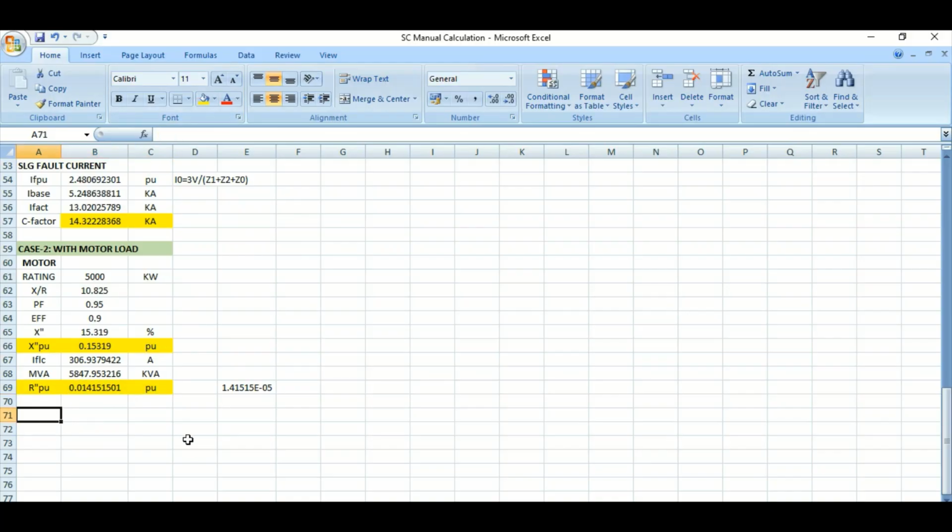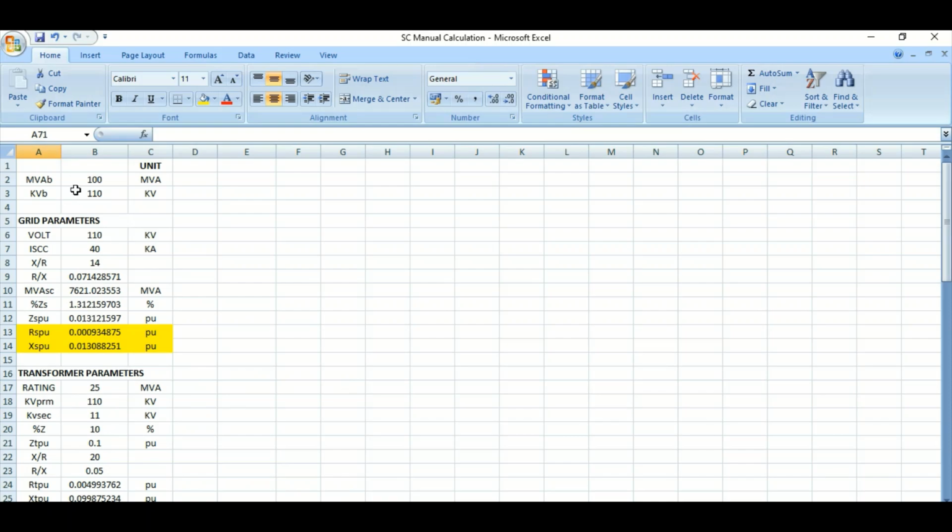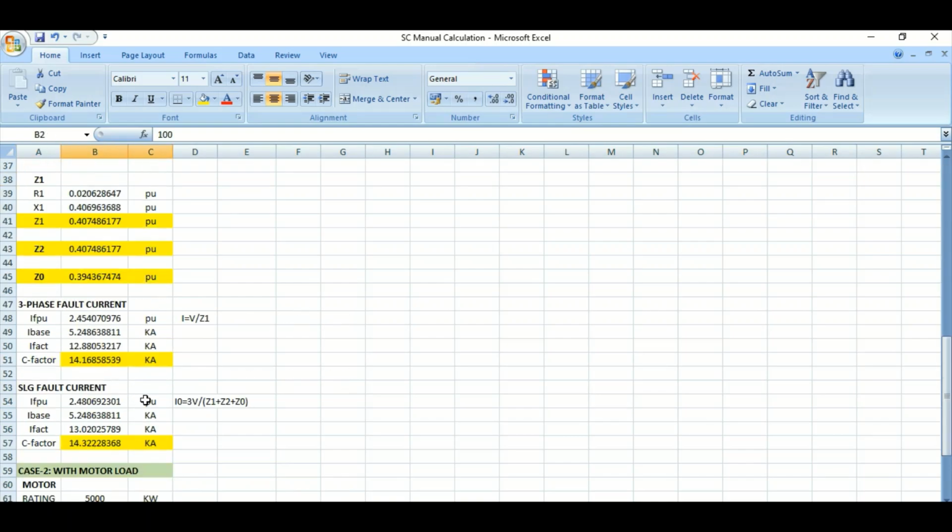Okay, now if you can see, this is the motor MVA, and we need to change the base corresponding to the 100 MVA base.